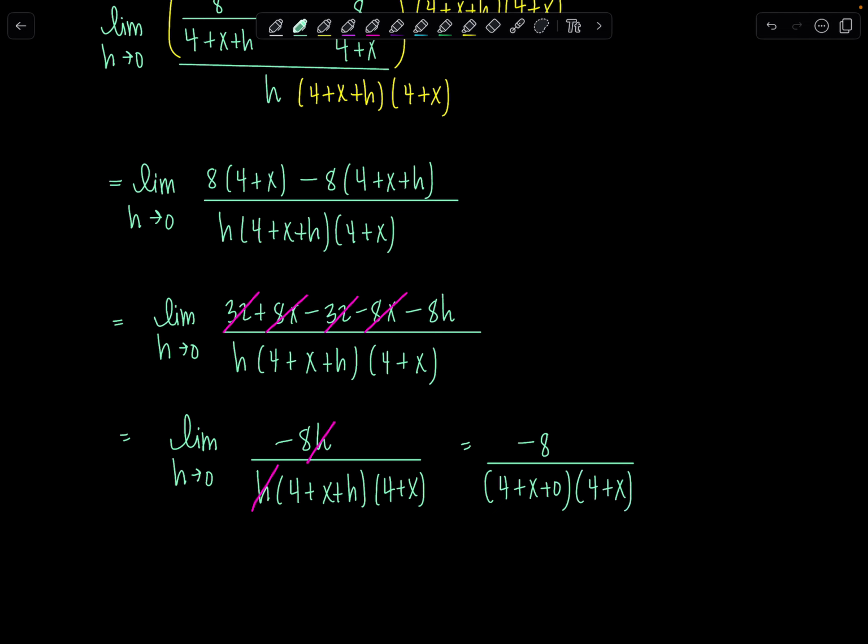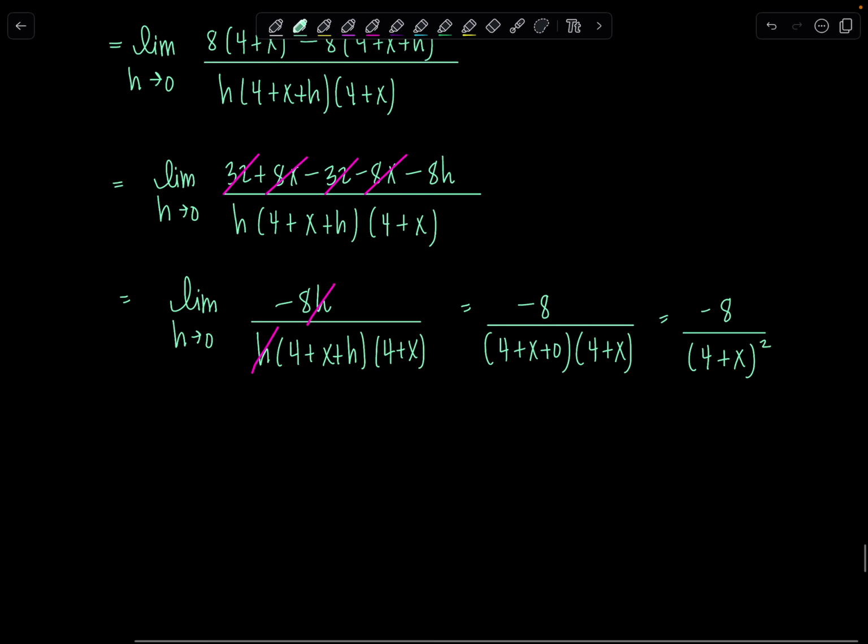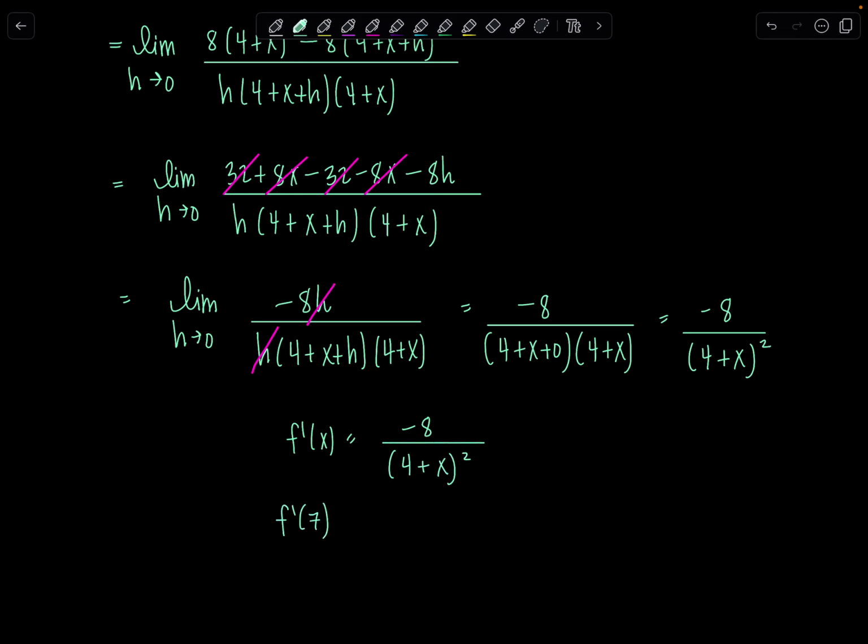So this is going to be negative 8 over 4 plus x quantity squared. Okay, so then that tells me f prime of x is negative 8 over 4 plus x squared. So f prime of 7, because remember that's where they wanted the slope of the tangent line when x is 7, would be negative 8 over 4 plus 7 squared, which is negative 8 over 121.